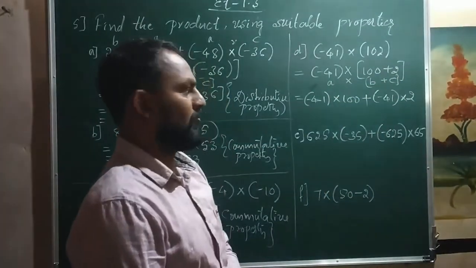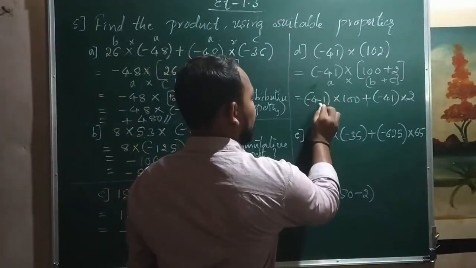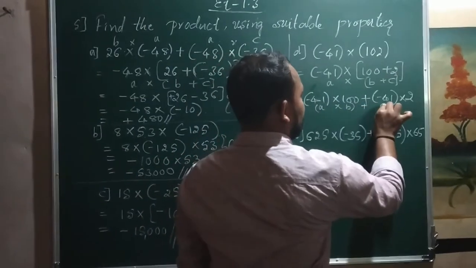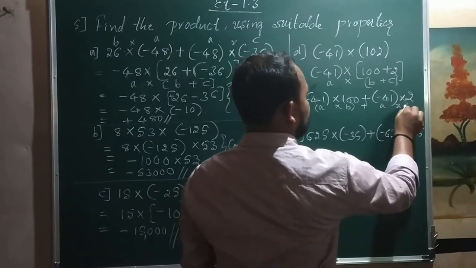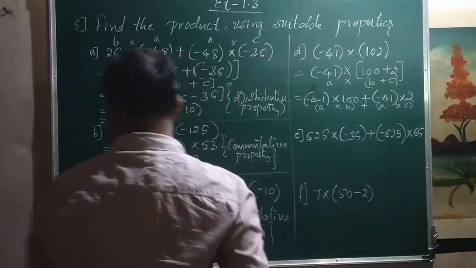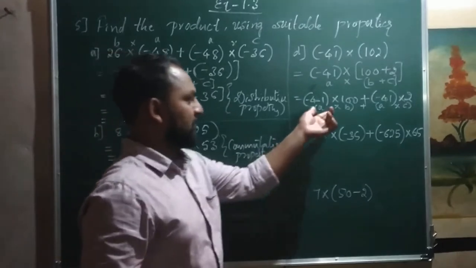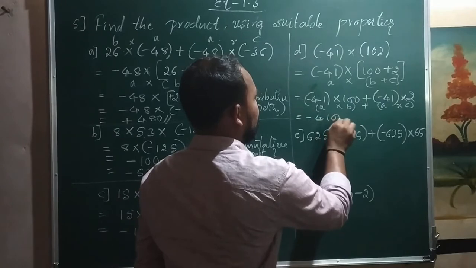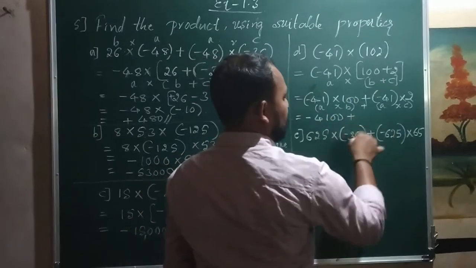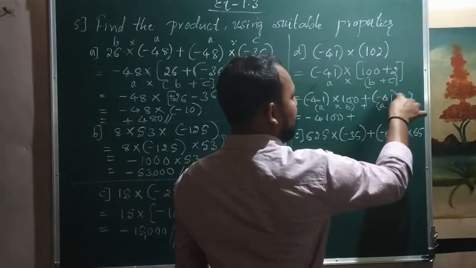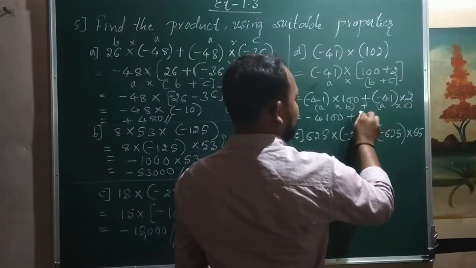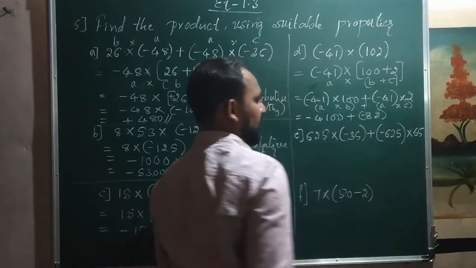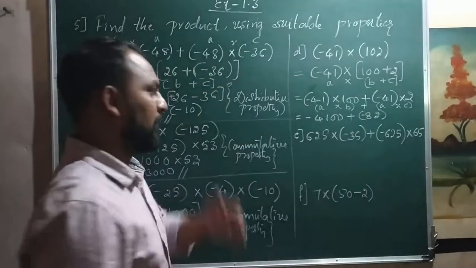Here A into B plus A into C. Here minus 4100 plus into minus 82, minus 82.